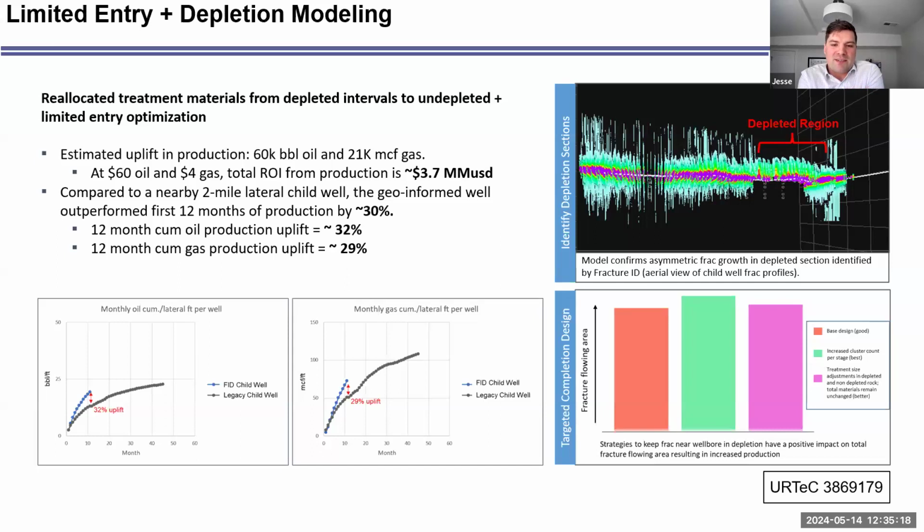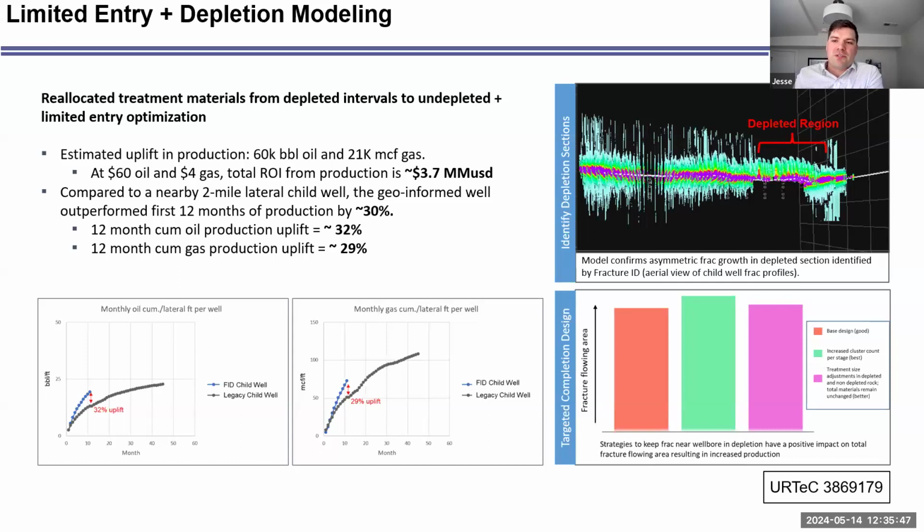But you look at the fracture flowing area estimated from the modeling, and there is actually very minor difference between the base design and the actual treatment size. But you go back over to the left, they had, in this case, a series of child wells that they had already drilled and completed some offset parent wells.